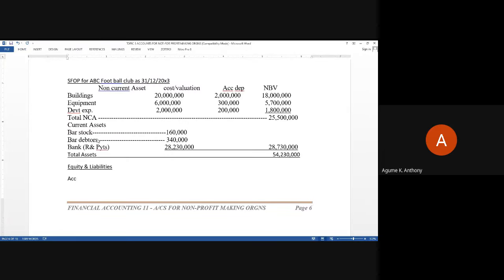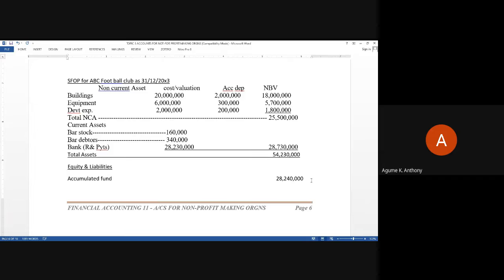And this accumulated fund, this is what we prepared in the statement of affairs. It was 28 million, 240,000. The 8,240,000.